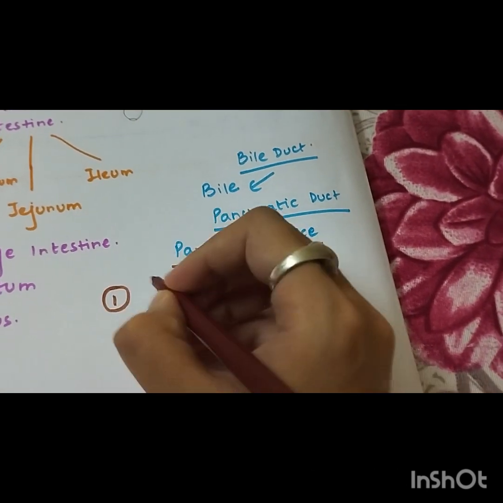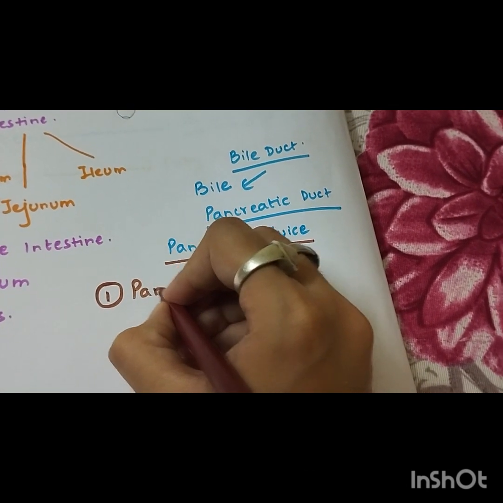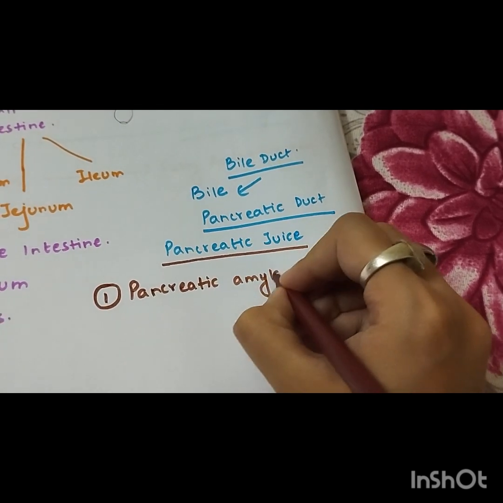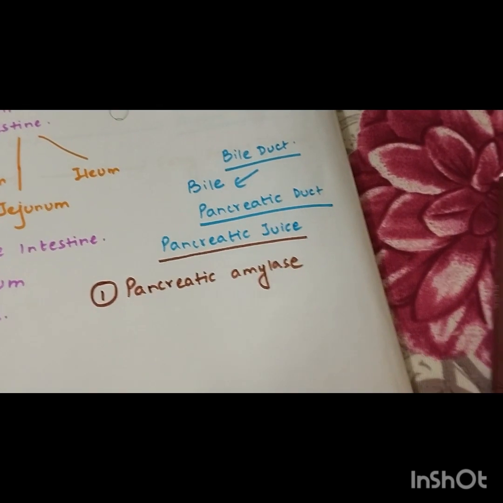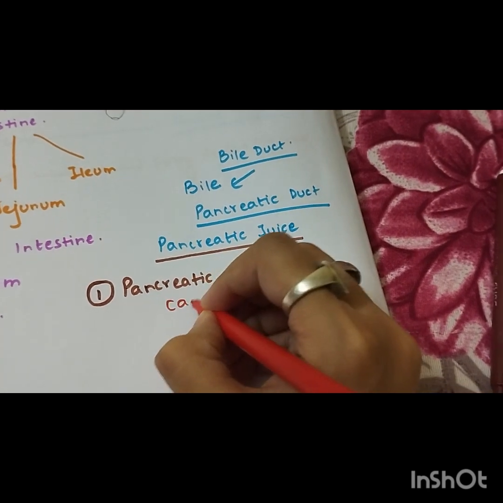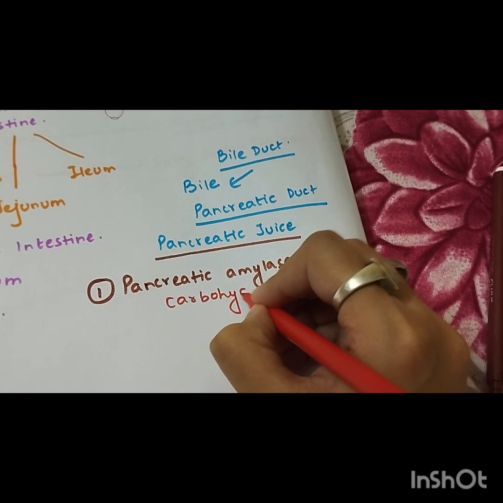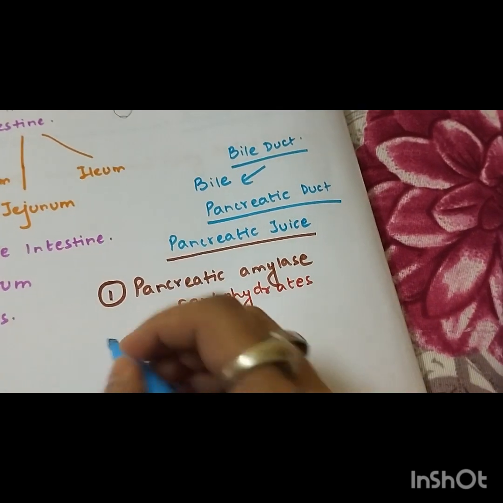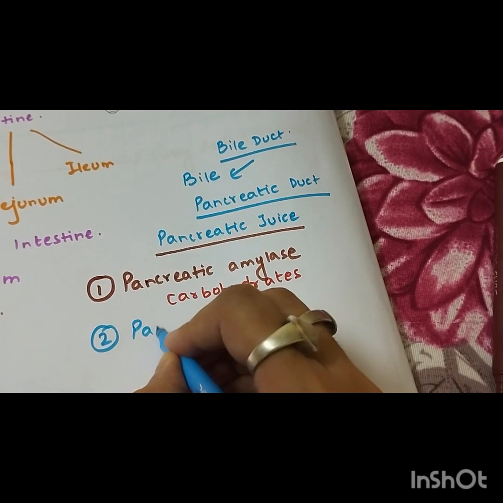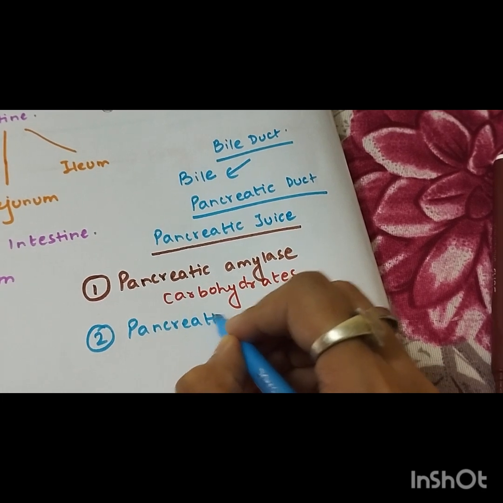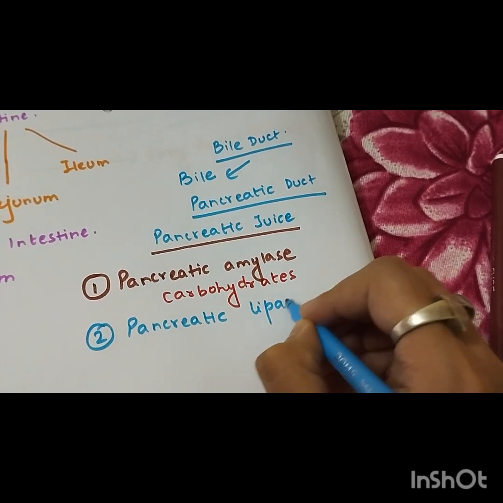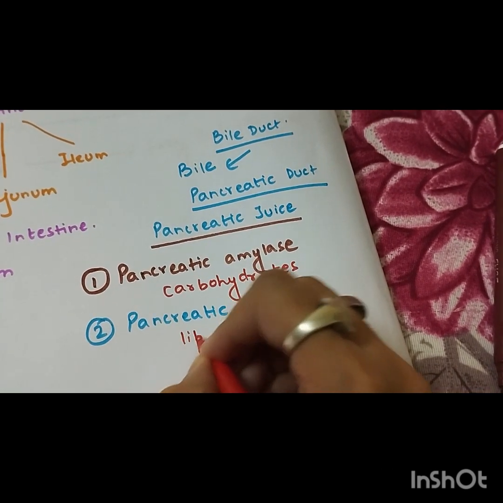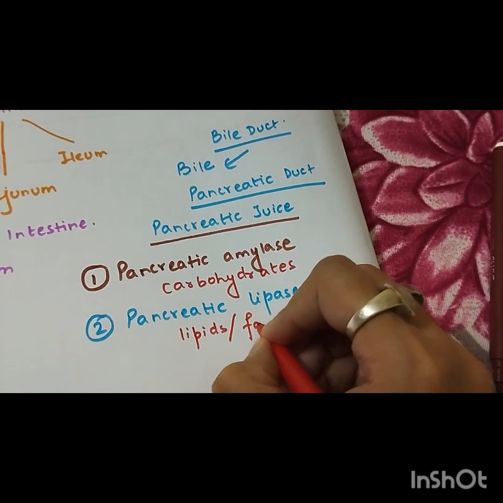So the first component is pancreatic amylase, that helps in the breakdown of carbohydrates. Next, pancreatic lipase, that helps in the breakdown of lipids or fats.